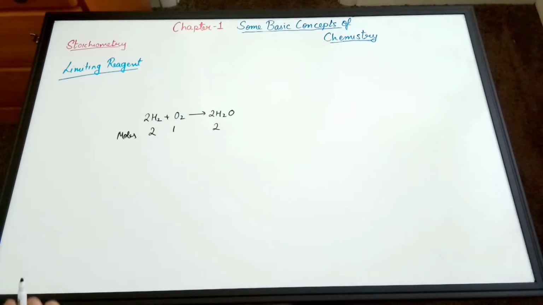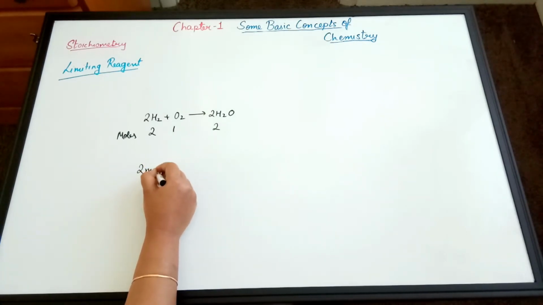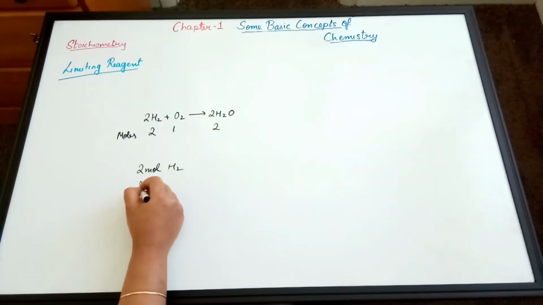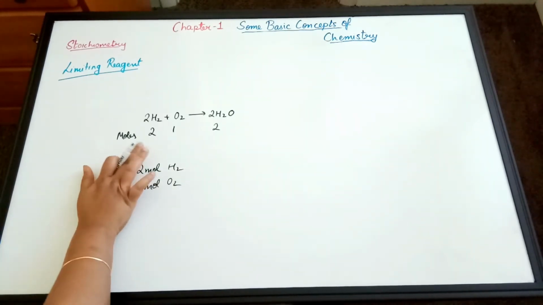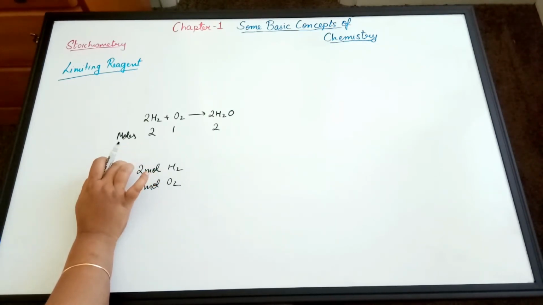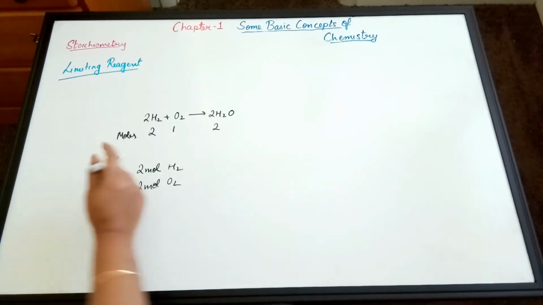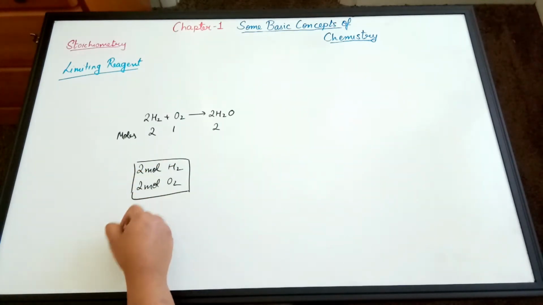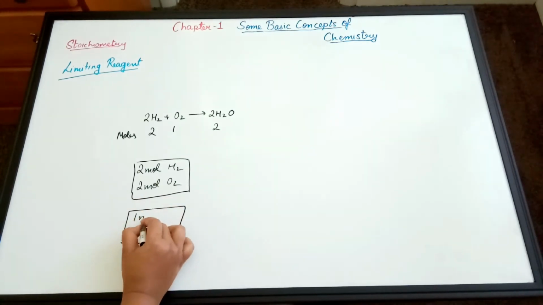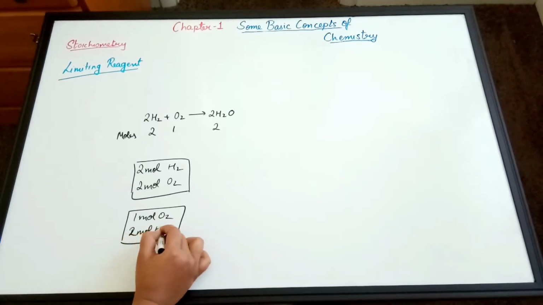Now, let's assume you have a reaction mixture, and in this mixture, it has 2 moles of hydrogen and 2 moles of oxygen. Based on the above information, we know that 2 moles of hydrogen is required and only 1 mole of oxygen is required, which means in our reaction mixture, when these two react to give us water, you will have 1 mole of oxygen remaining along with the product of 2 moles of water.